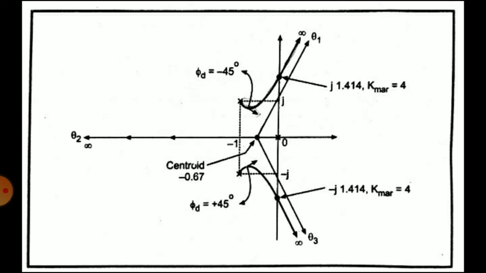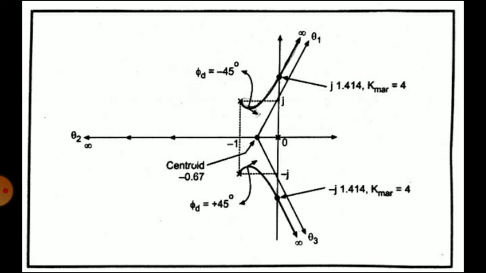The line from that pole is drawn at minus 45, so it is drawn downwards, and phi d equal to plus 45 is drawn from the minus 1 minus j pole in an upward direction. And then you have to draw the root locus like that. So the root locus is drawn.